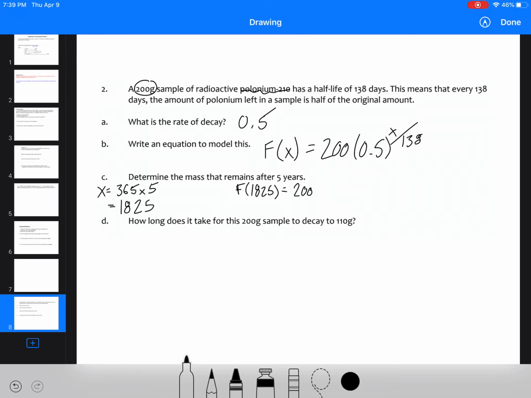So then f(1,825) equals 200 times that same value, 0.5 to the 1,825 over 138. This comes down to being pretty good with your calculator. So we're going to have 0.5 to the exponent, bracket 1825 divided by 138, times 200.